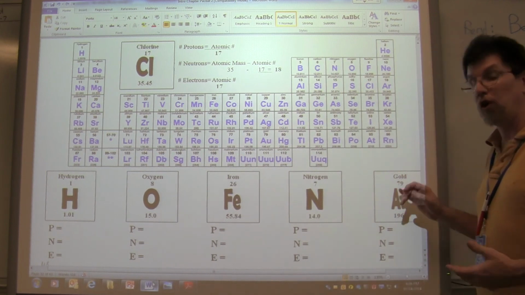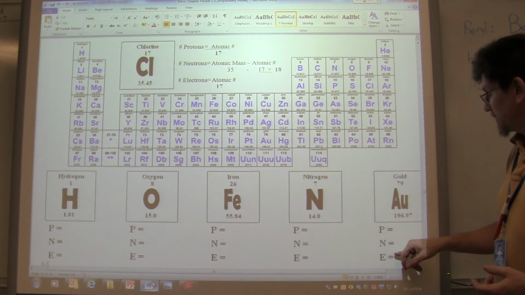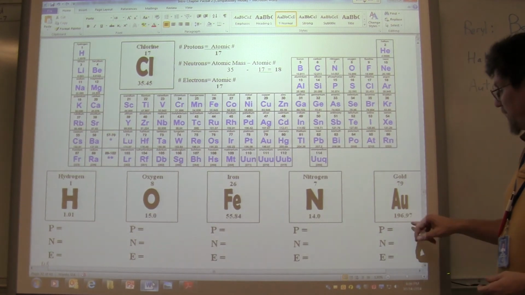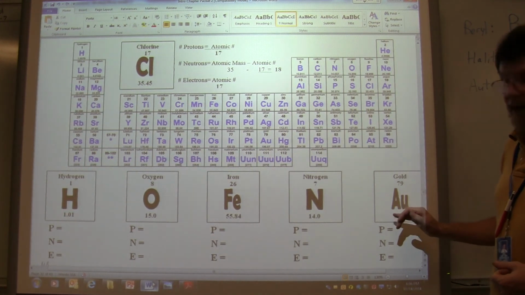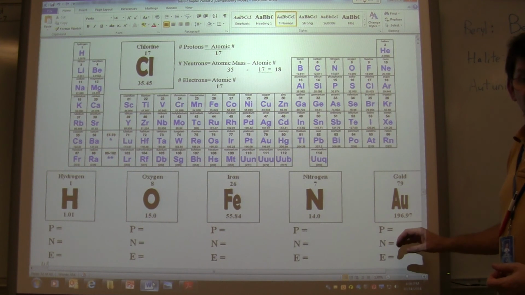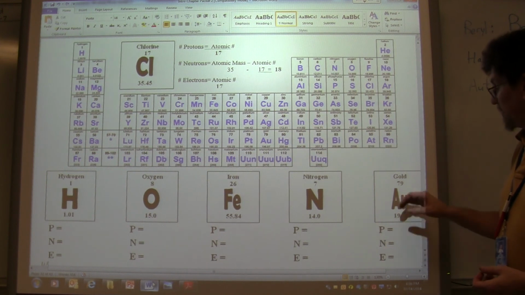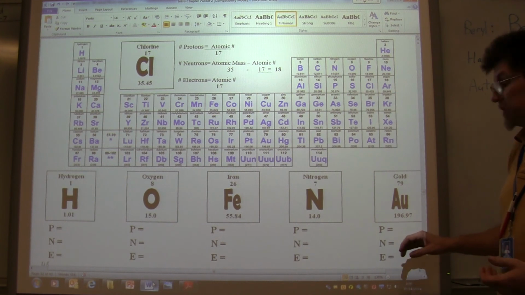The last one, gold. 79 is the atomic number, so 79 protons and electrons. Atomic mass is 196.97. Round that up to 197, and 197 minus 79 is 146 neutrons.